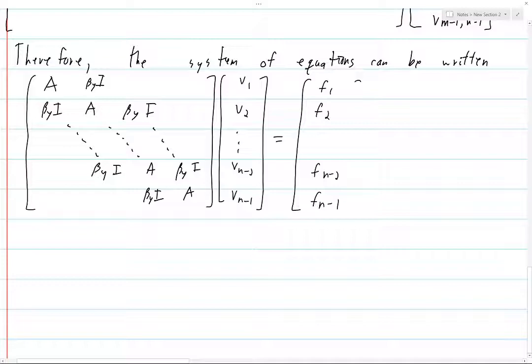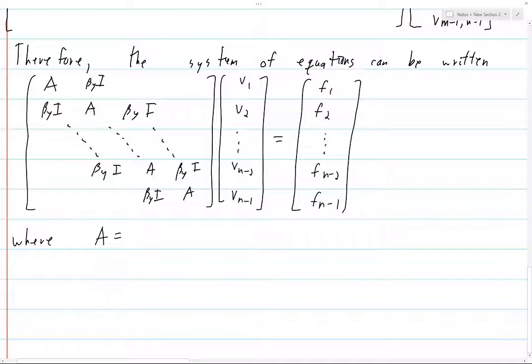Okay, and so this is where A is given by, well, it's just what I had before: alpha, beta x, alpha, beta x, tridiagonal, beta x, alpha, beta x, alpha, again, here. And how big is this matrix?